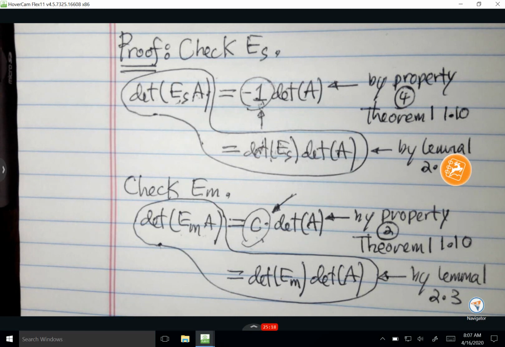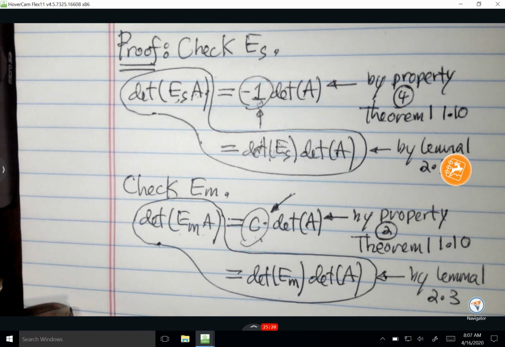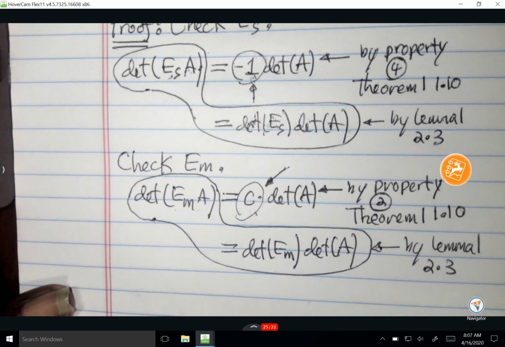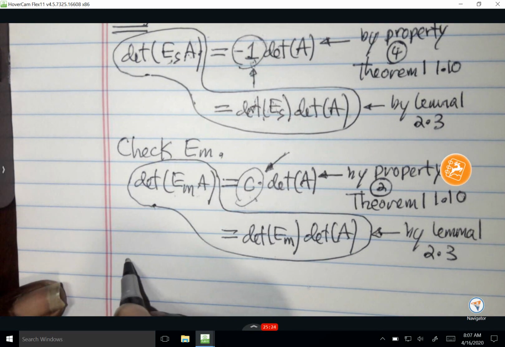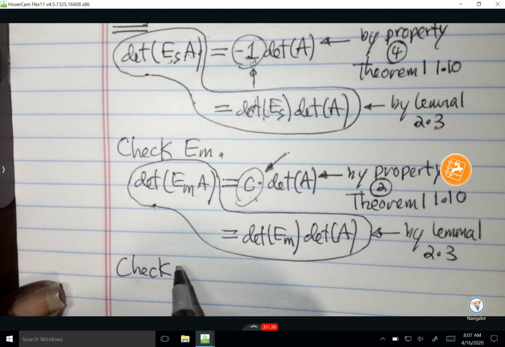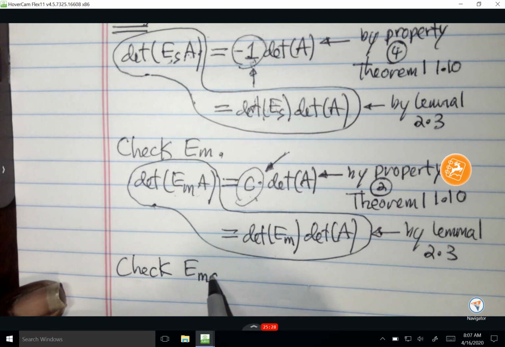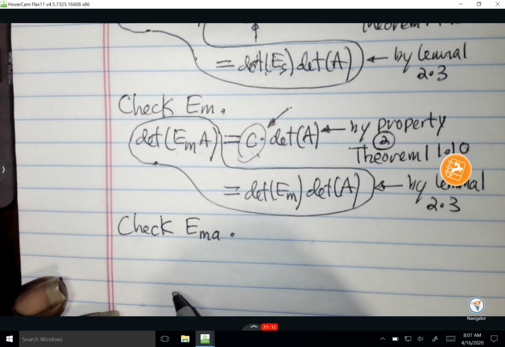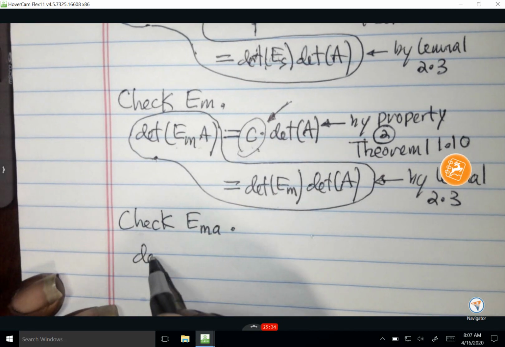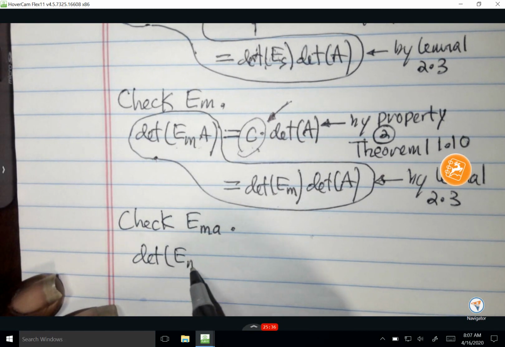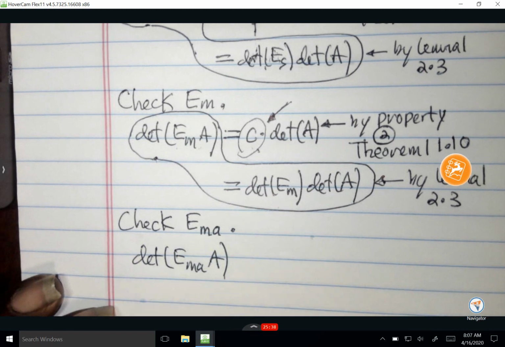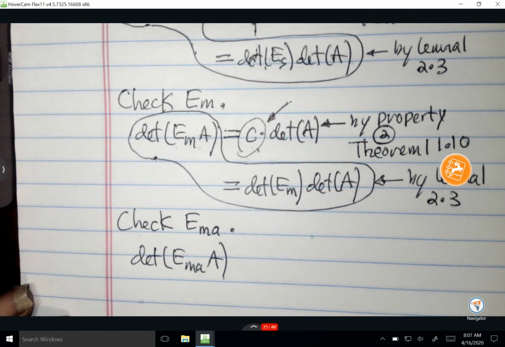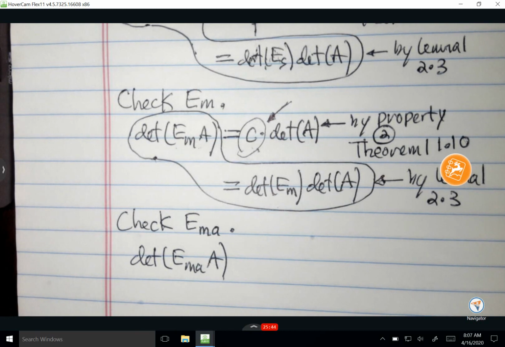Check the final possible type of elementary matrix, E multiply and add, and the theorem will be done. Let's check E, which we agreed to call a minute ago, MA. If we look at the determinant of E multiply and add times A, by Theorem 1 in 1.10, this is the matrix that has a row of A multiplied by a number C, added to another row.